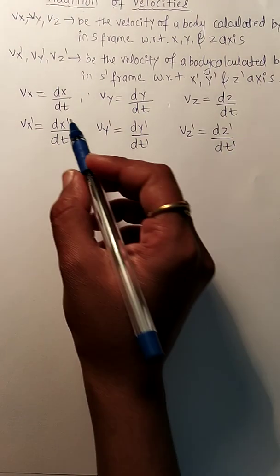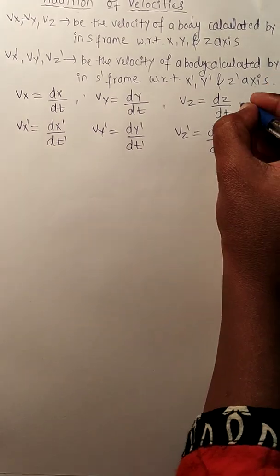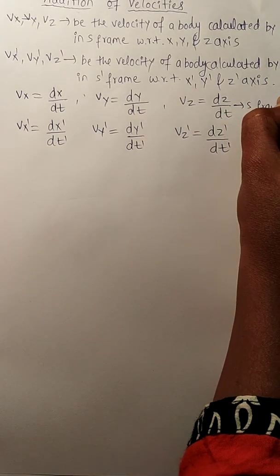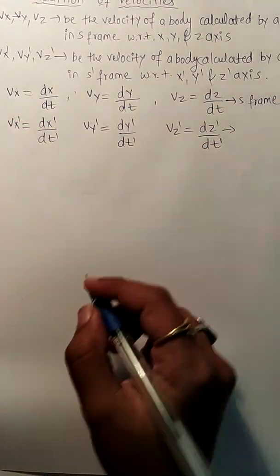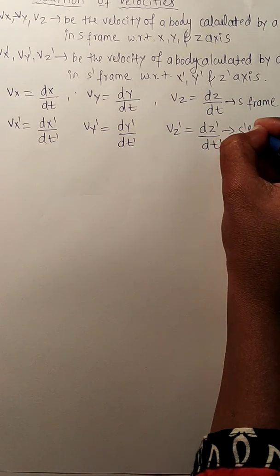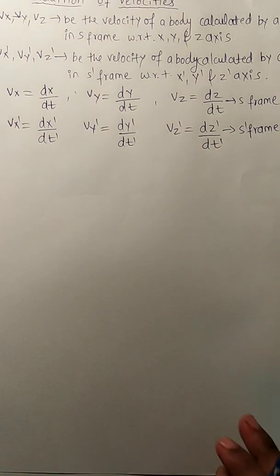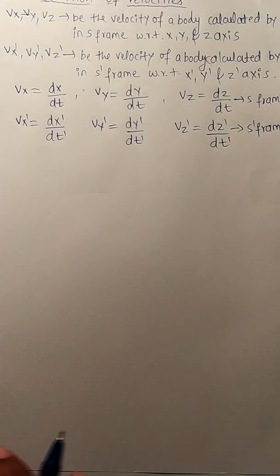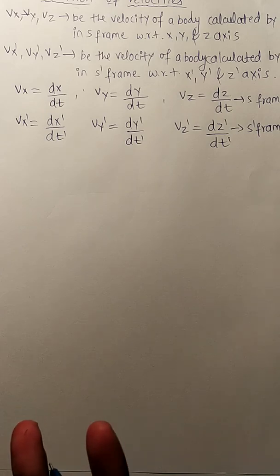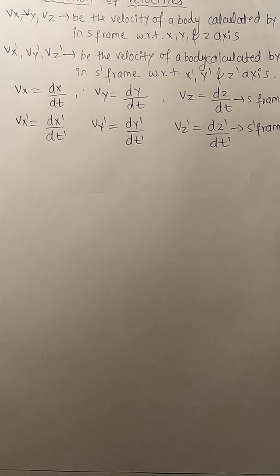Okay, so these three velocities are with respect to the S frame, and these are the velocities along the three different axes with respect to the S dash frame. I hope you understand this. Now the next thing, we will take again the Lorentz transformation equation, because Lorentz gave how things change with respect to the S frame and with respect to the S dash frame. So to know that, again we should take the Lorentz transformation equation.